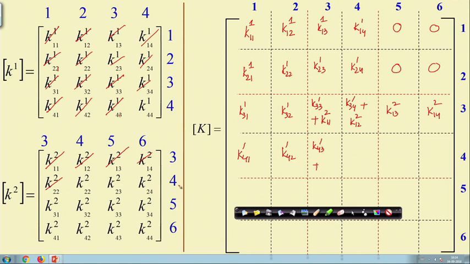K431 plus K222, then it will be K431, K212. Okay. Now, let us do it for K44, K44 is this one and then K44 is this one.